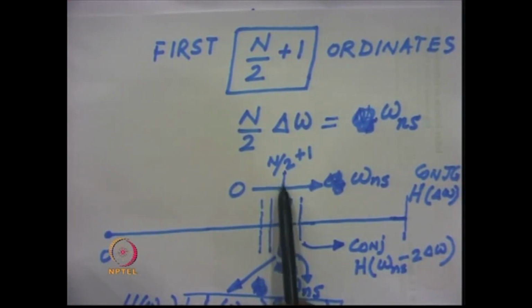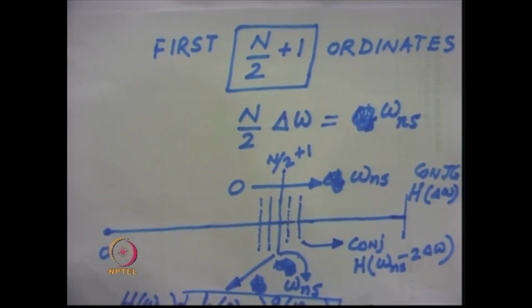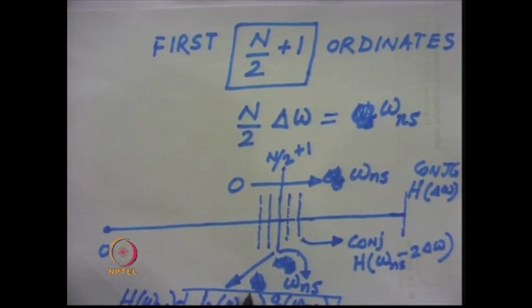Now, with this first set of ordinates from the FFT, we obtain the value of H omega for each value of omega at an interval of delta omega, and then we multiply this with the frequency contents of the ground motion.